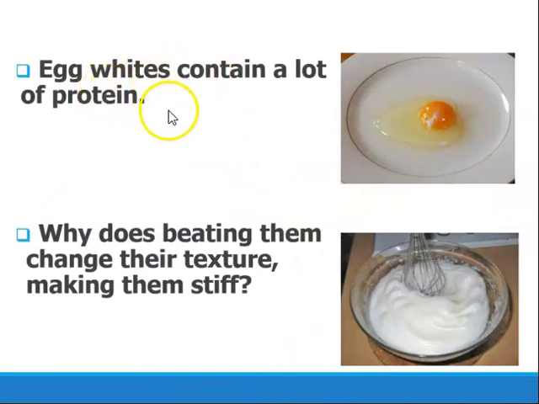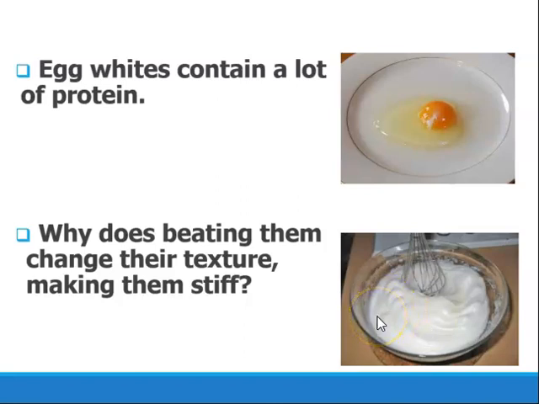So, for example, we have egg whites. We know that egg whites contain a lot of protein. However, when we whip them or use a hand mixer to beat them, we can see that they go from this almost clear fluid to this opaque, stiff texture.